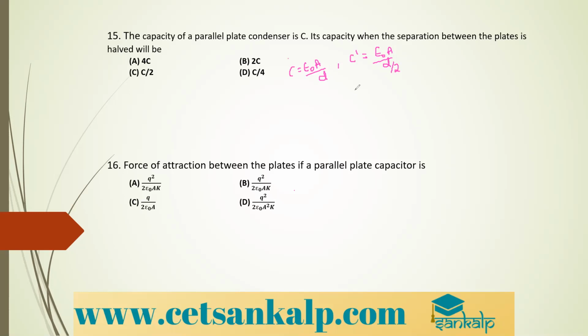If I take C dash divided by C, substitute the C dash value and the C value, and simplify this equation, you will get C dash equal to 2C. That is option B, the correct option.